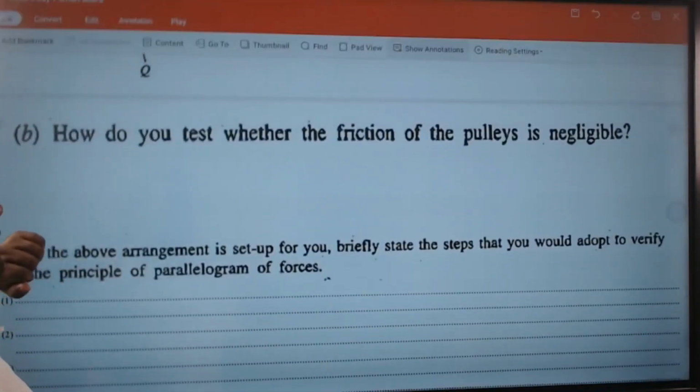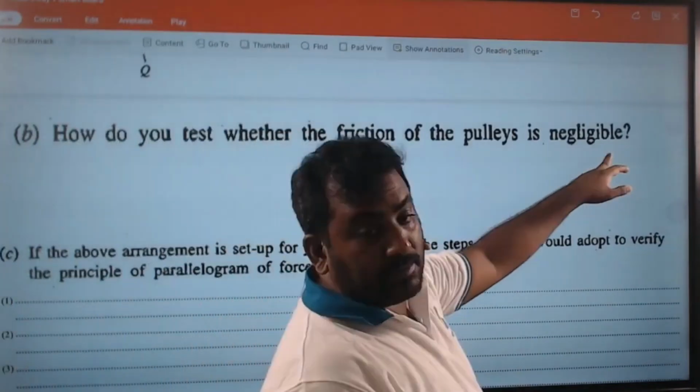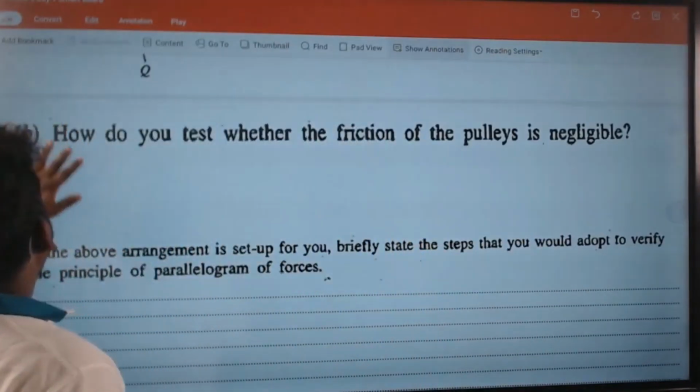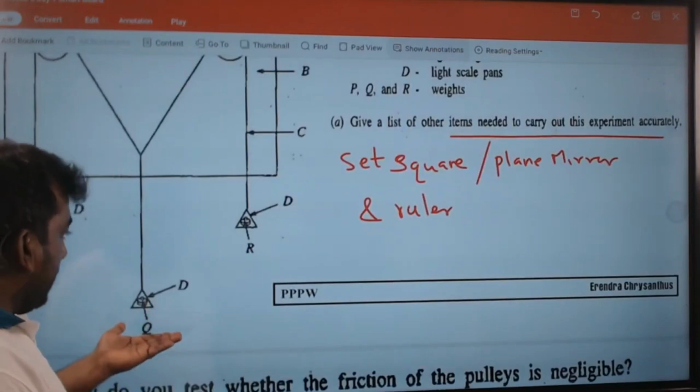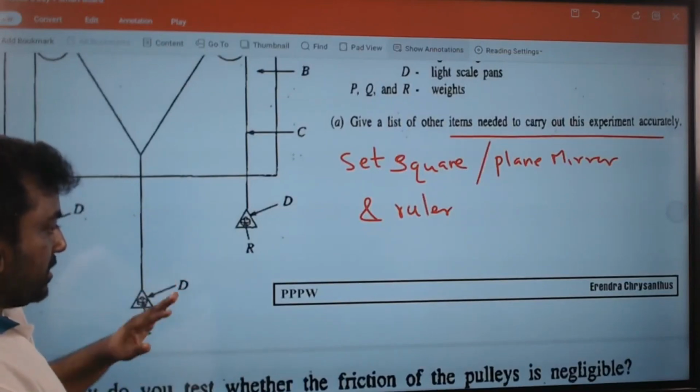How do you test whether friction of the pulleys is negligible? You pull the center weight Q down a small distance and release it. If it goes back to the original position, there is no friction.